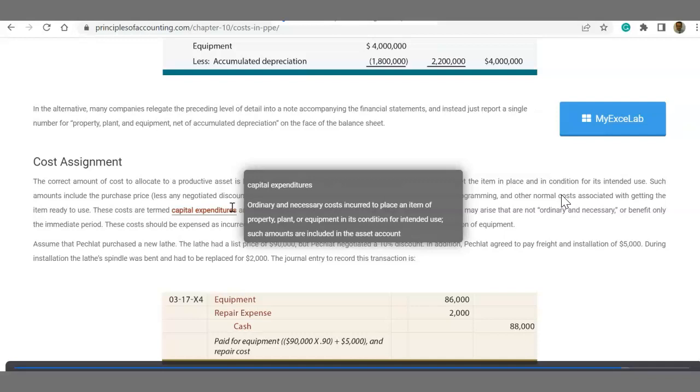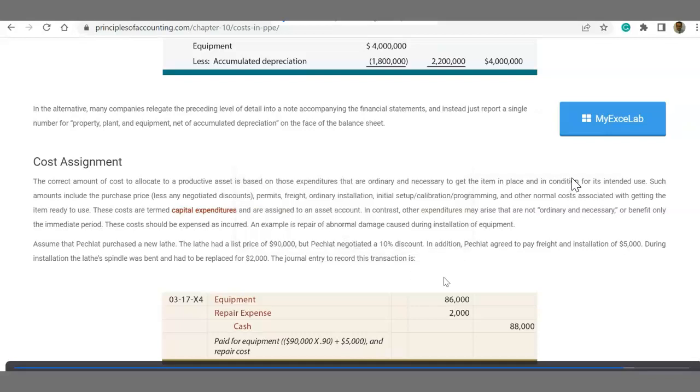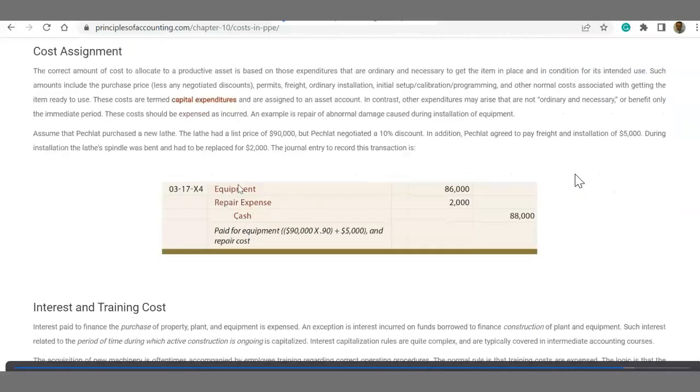So capital expenditure means expenditure that you capitalize and then expense using depreciation expense over the coming useful years. When you purchase equipment, you record it as equipment, you don't call it expense. You just call it asset, equipment, that's it. And that's a debit on your asset to increase it.